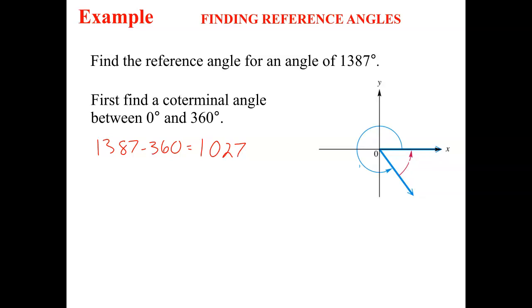Subtract it again. Okay, is that between 0 and 360? Do it again. Is that between 0 and 360? Yeah. Okay. So that's our coterminal angle.